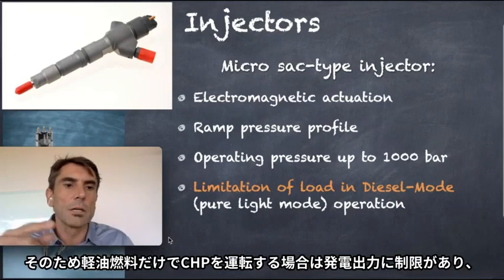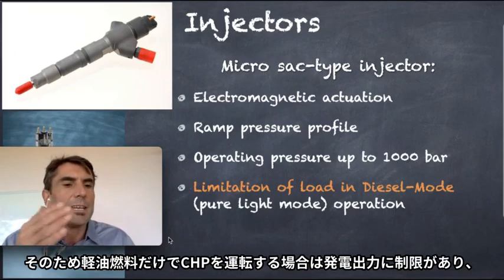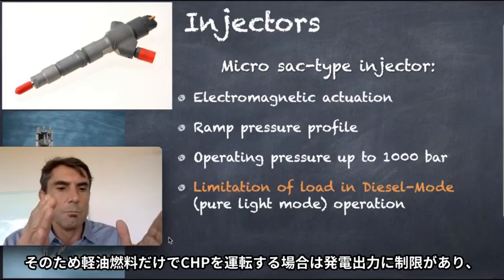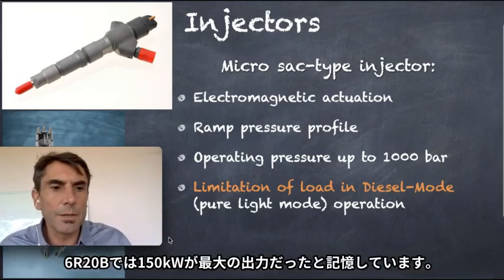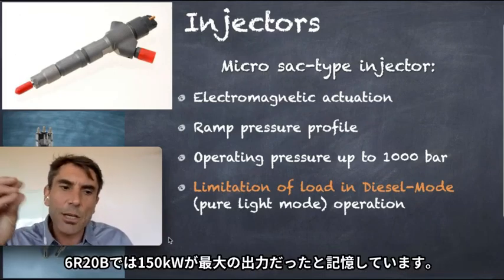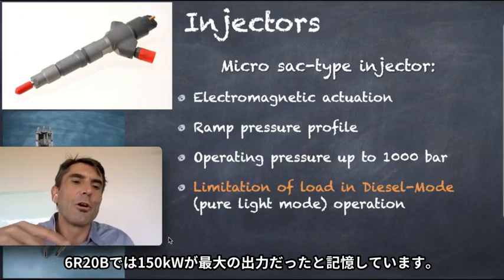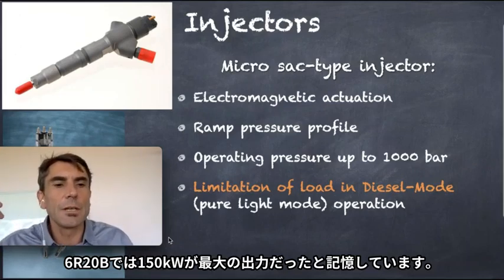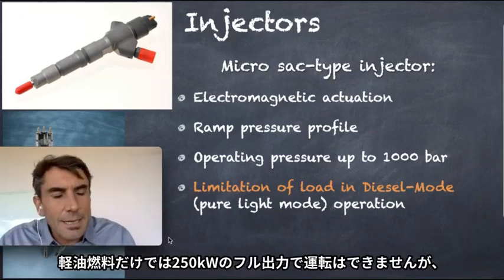If you run only on diesel or light oil fuel operation, we have a limitation of maximum load. In this system, I think we're talking about 150 kilowatt. The injectors cannot supply more diesel or light oil to operate higher than 150 kilowatt, but the CHP is at 250 kilowatt. So that's a negative on that side.